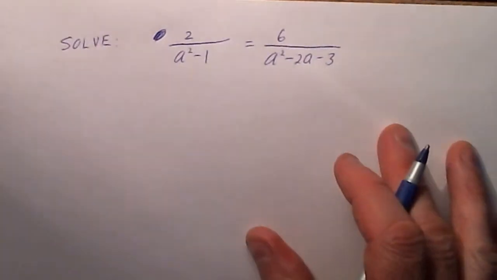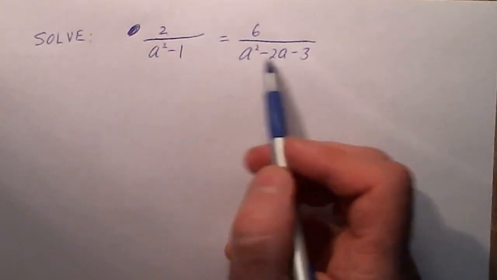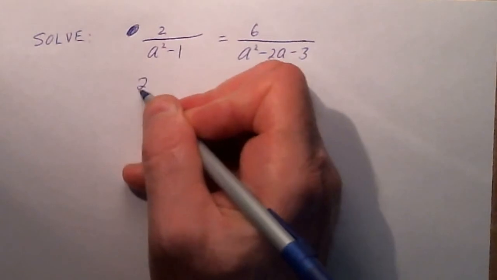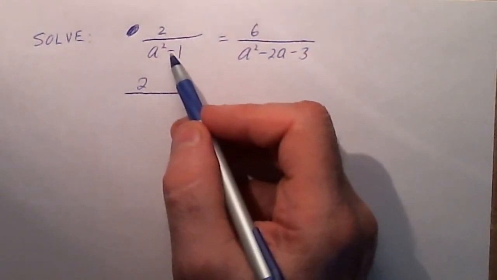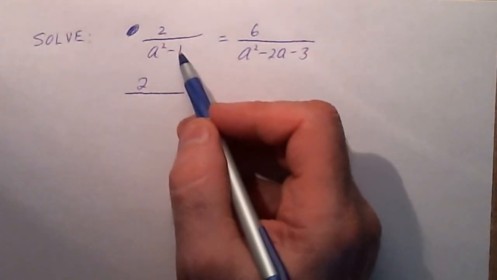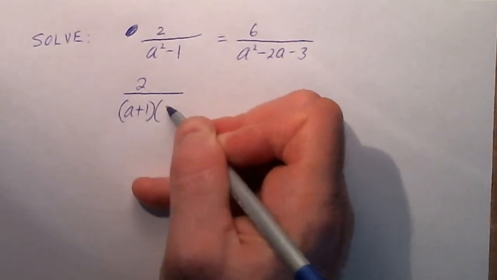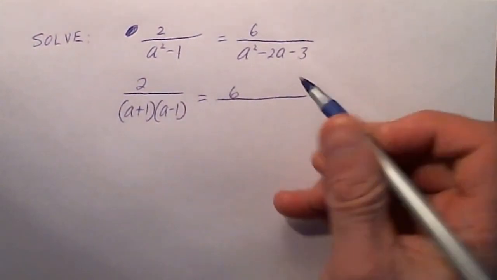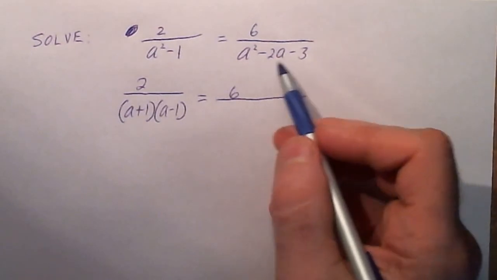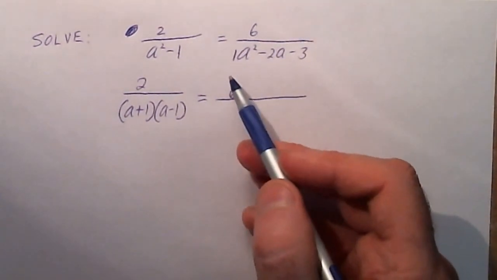Notice that both these denominators look like they're in need of being factored, so we need to factor completely these denominators. Notice a squared minus 1 is a binomial. It happens to be the difference between perfect squares, so it factors into a plus 1 times a minus 1. This trinomial denominator on the right-hand side is an easy type of trinomial, one with a leading coefficient of 1.